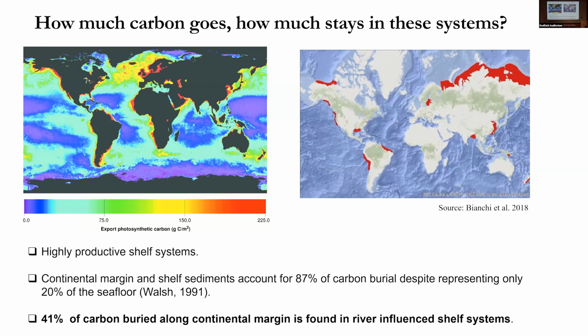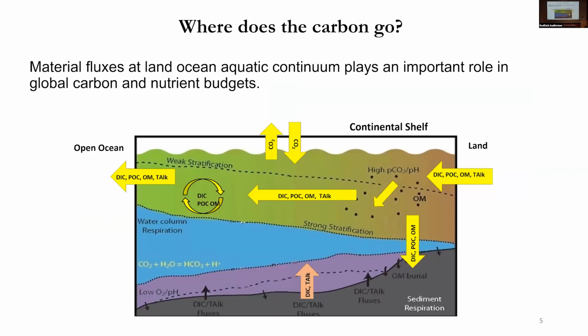Once they're buried, what happens to this carbon? Before we go there, we can look at the life cycle of the carbon that is coming in from these deltas. We have two components to that. The rivers are usually high in DIC and dissolved organic carbon, and they're bringing in nutrients. Usually, if there is a really high river flow, you end up with a strong stratification, especially if the wind is not strong.